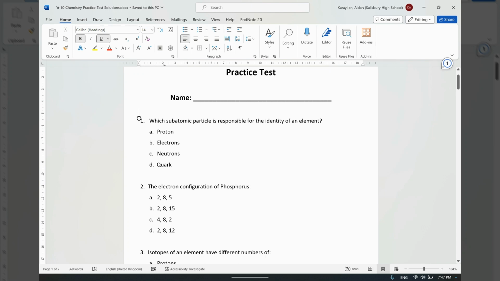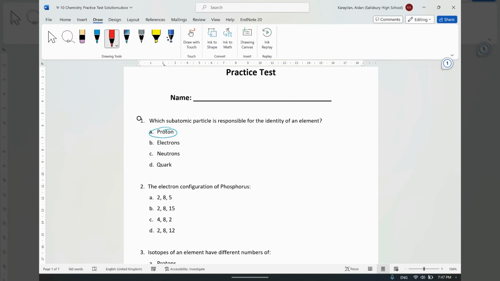The first question: which subatomic particle is responsible for the identity of an element? So very simply, it is going to be, actually let's choose red, protons. The proton number is equal to the atomic number, and this bit here is unique to each element.